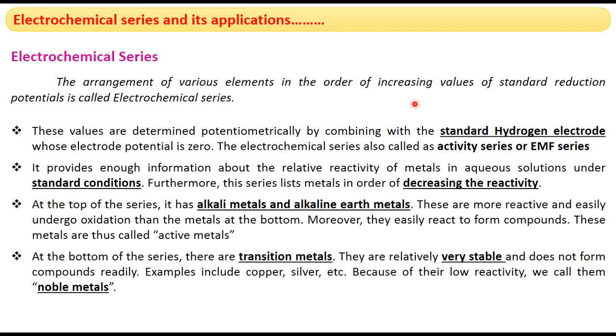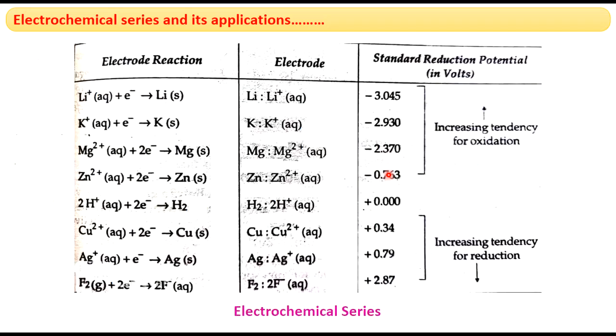This electrochemical series provides us valuable information about the reactivity of metals in aqueous solution. For metals and also for non-metals, their reactivity in aqueous solutions can be determined with the electrochemical series, under standard conditions only.